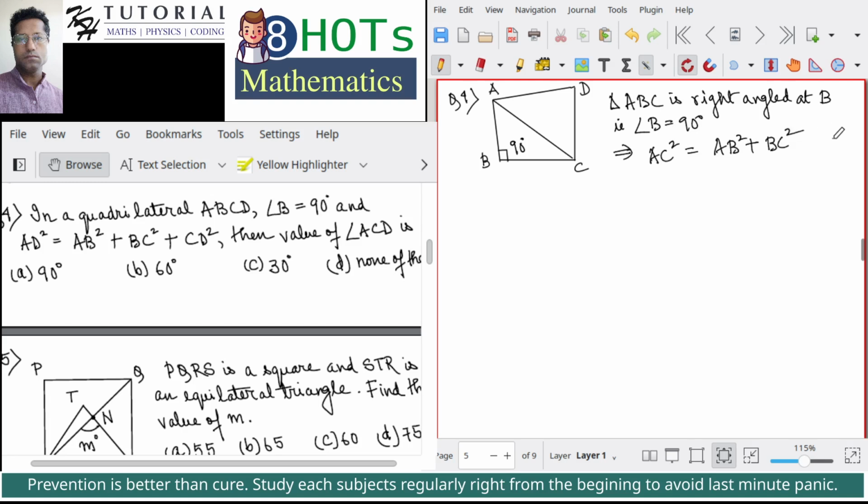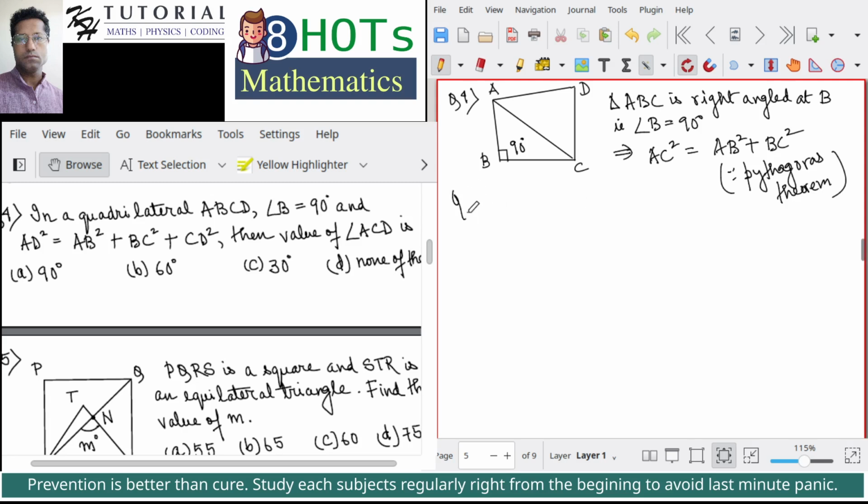That is applying the Pythagoras theorem. That is, the square of the hypotenuse is equal to the sum of squares of the arms in a right angle triangle. So we have this.